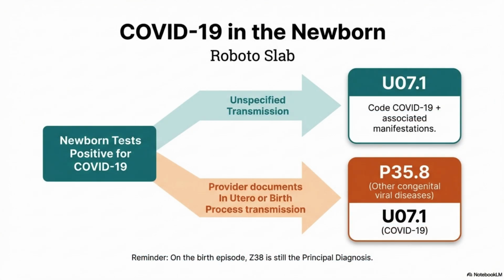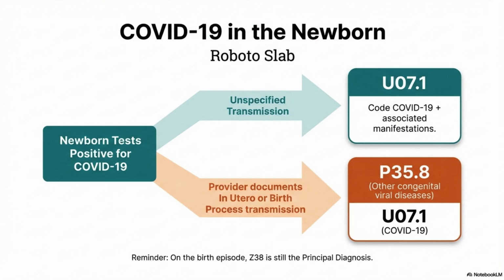When it comes to COVID-19 in newborns, there are a few specific rules you need to follow. If the newborn tests positive and the provider doesn't specify how the infection was acquired, you'll assign U07.1, along with any codes for the documented manifestations. In other words, you treat it as COVID-19 in the newborn, but without assuming the source.